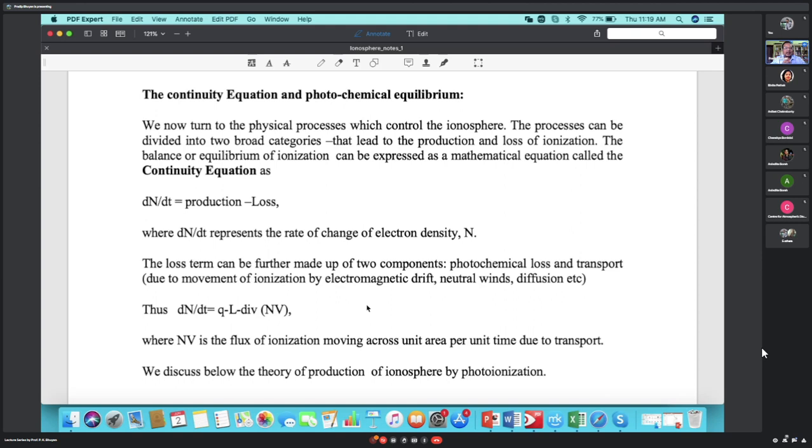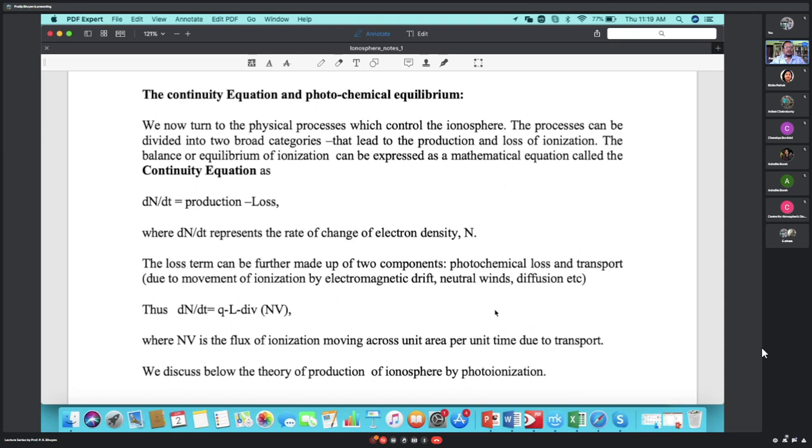But if you allow transport from the box, that means if the walls of the box are transparent for the ions and electrons to move out or move in, then what will happen?